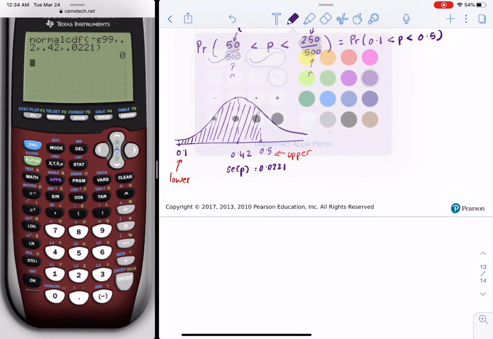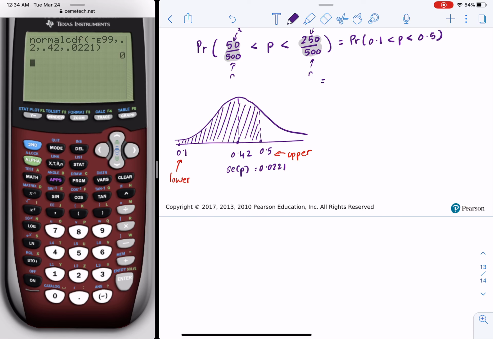So the probability can be found using normal CDF. You start at 0.1, you end at 0.5, the mean is 0.42, and the standard deviation is 0.0221. And the answer is 0.9998.